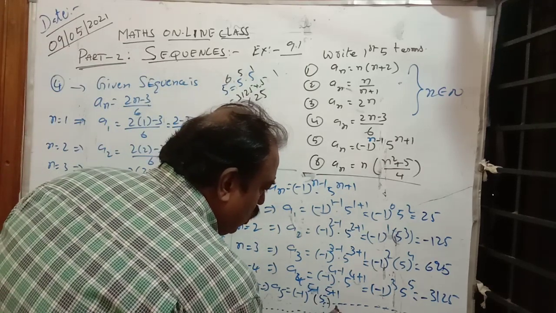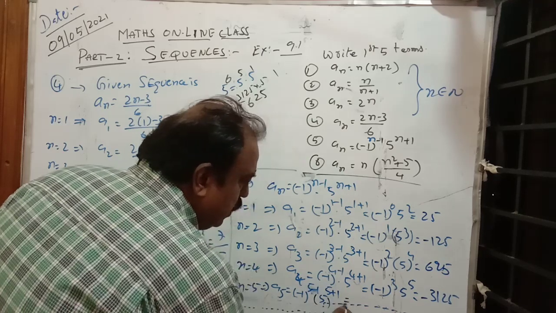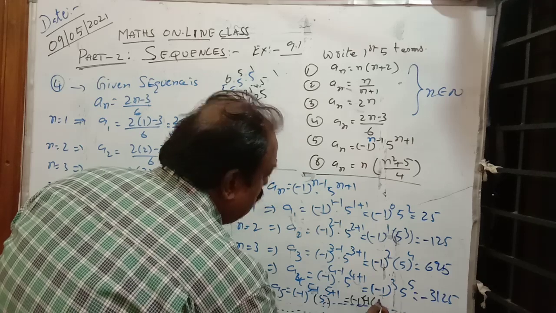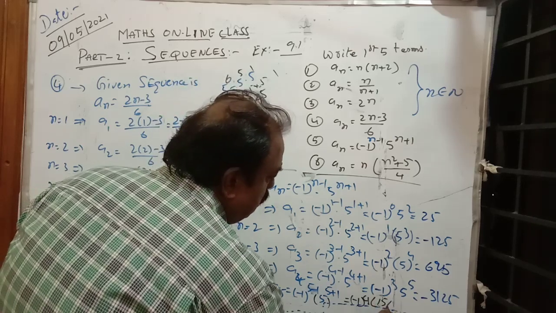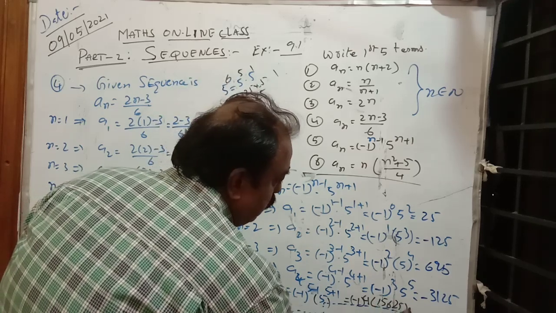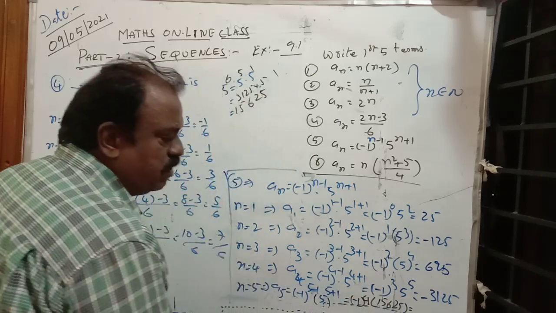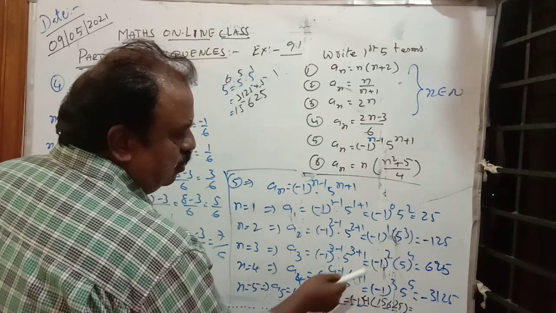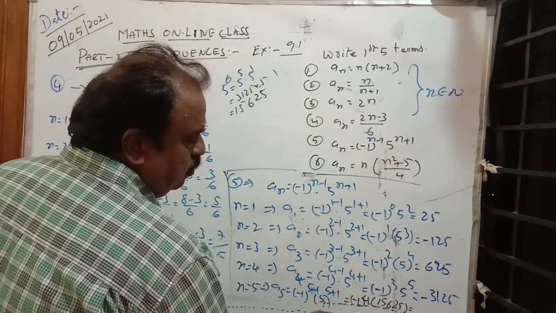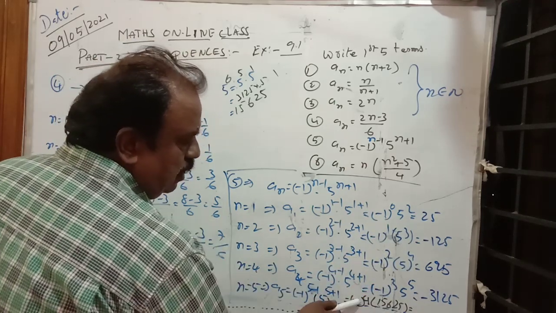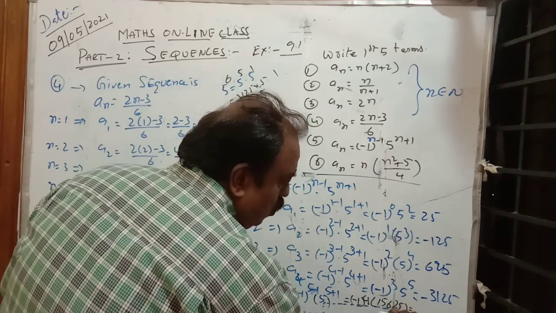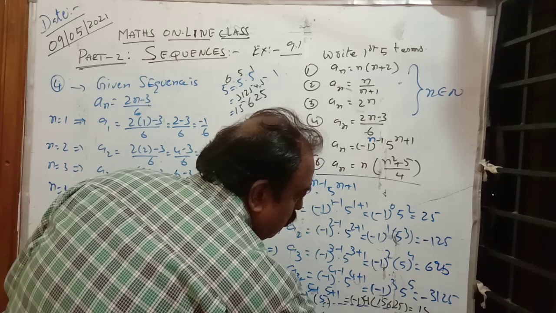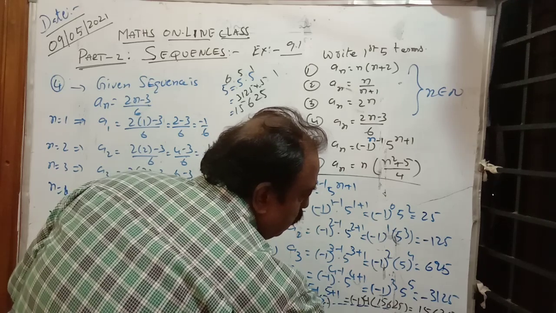So we get here minus 1 power 4, and it is 15625. So minus 1 power an even number is plus, and an odd number is minus. Again odd number minus, again even number plus. But you don't need to write that. So it is simply 15625.